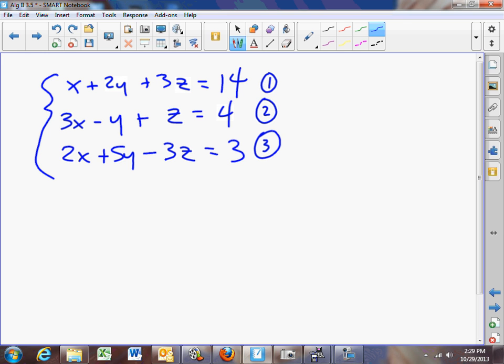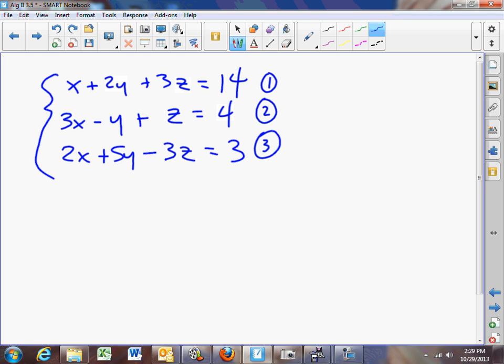For example, if I chose to eliminate the variable x using equations 1 and 2, I would have to go back again and eliminate x, and the second time, I would have to use equation 3. It wouldn't really matter which other equation I used, but each equation must be used at least once. If you don't, you will be led to some false conclusions.